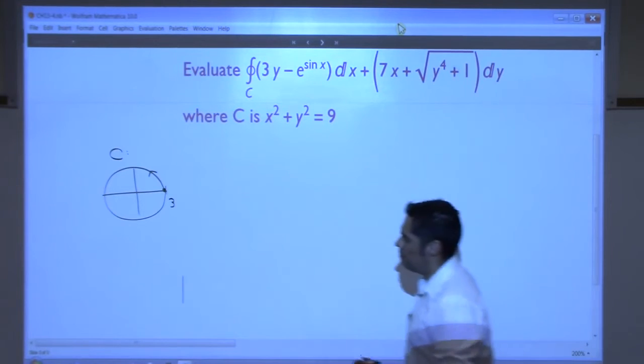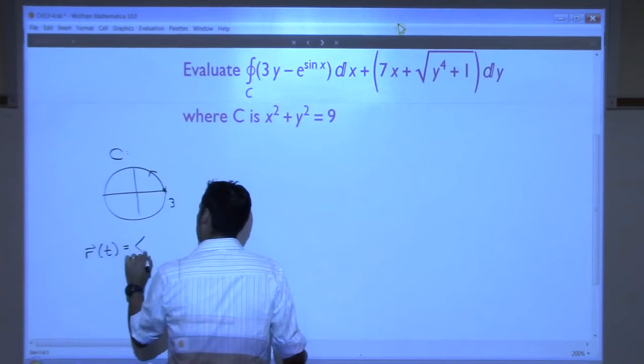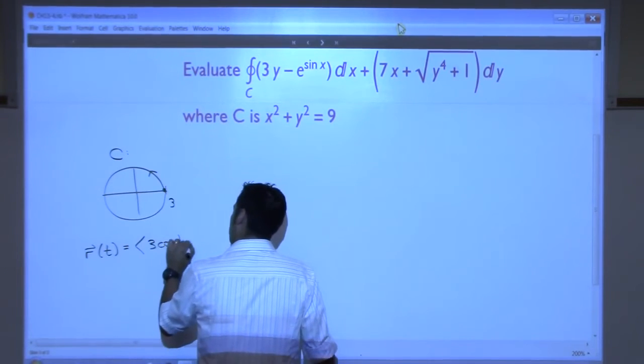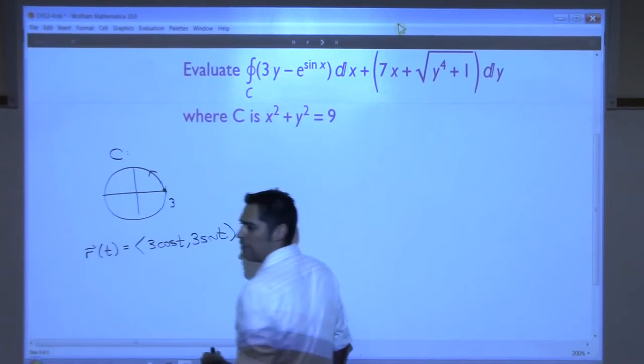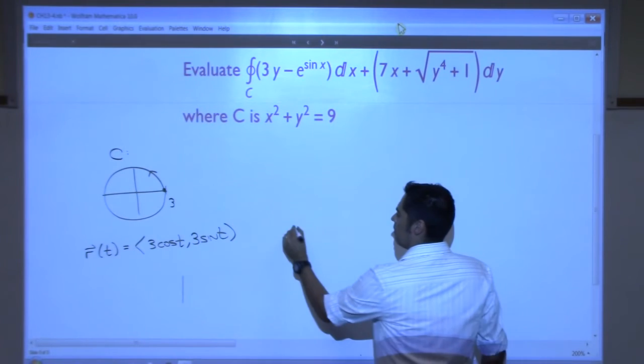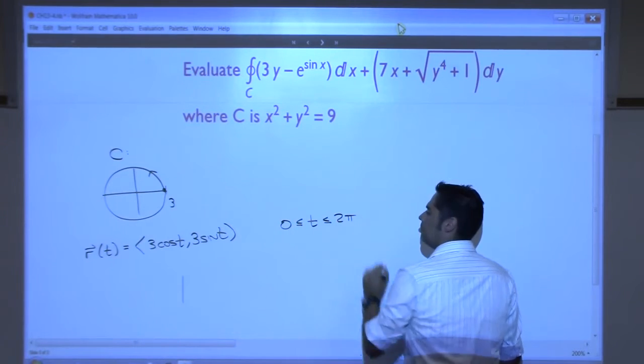To do that, I need to come up with my vector curve, which would be almost the same as what we just had, but 3 cosine t, 3 sine t. And t is going to vary between 0 and 2 pi again. That all okay?